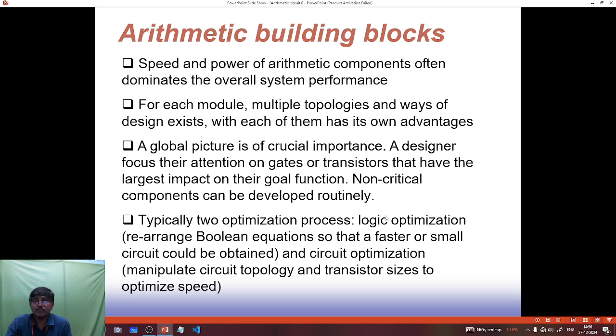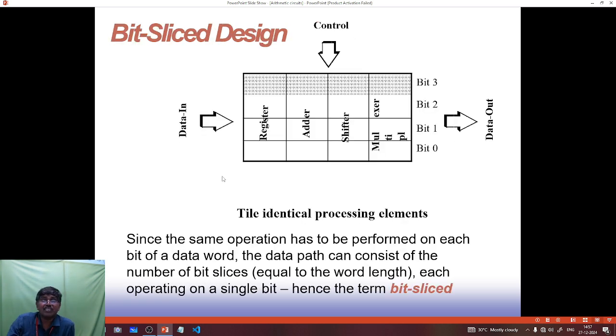Logical optimization means simplifying using a Boolean expression; circuit optimization means finding the circuits and implementing a particular device in a particular circuit, minimizing the power. That is about the two optimization processes for the arithmetic building block.